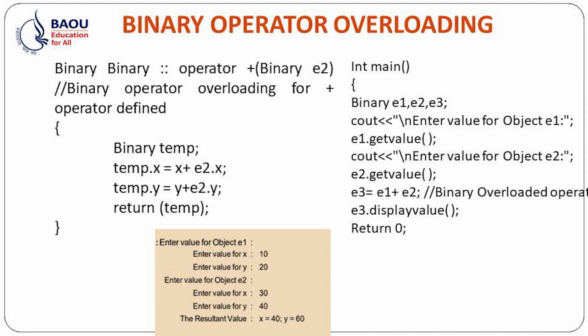Then I enter the values of x and y for object e2, and in e3 I am doing the summation of two objects, that is e1.x plus e2.x. So here temp.x is replaced by e1.x plus e2.x, and the same with y.